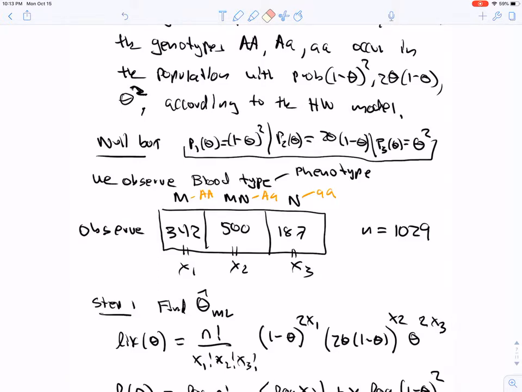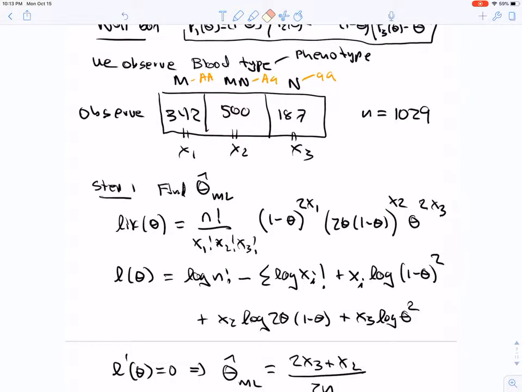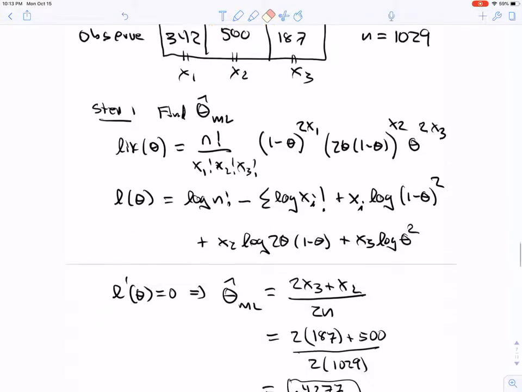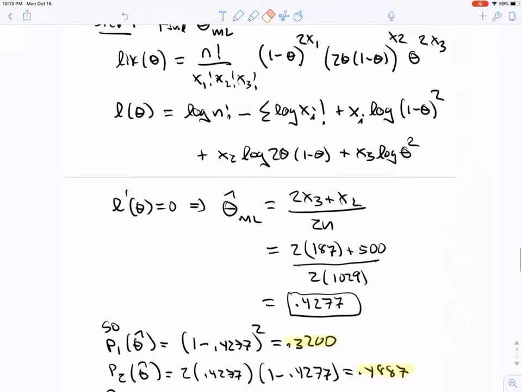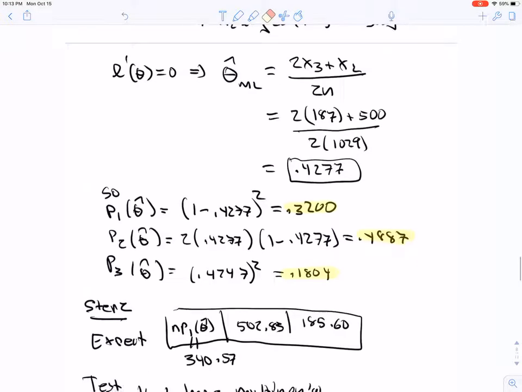We observe, let's say, the counts shown here. Step 1, we need to find an MLE, and we do that. I'll just skip through these details. Once we find the MLE, we can find the probabilities, and hence find the expected counts that we should get.